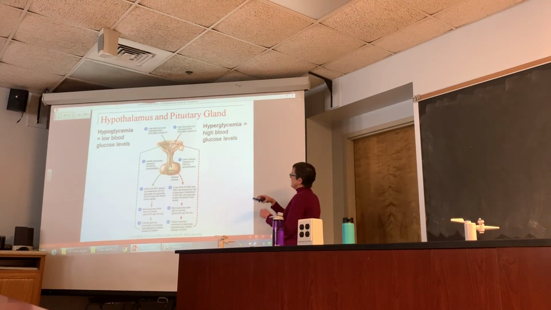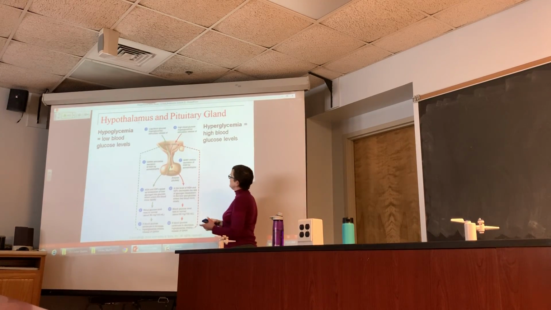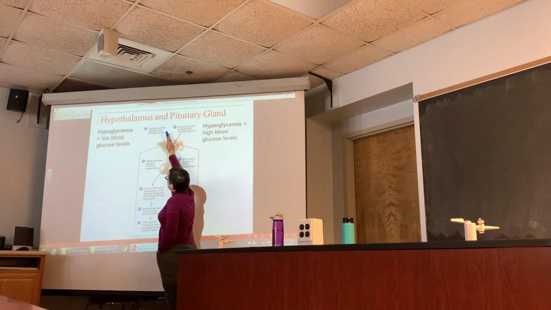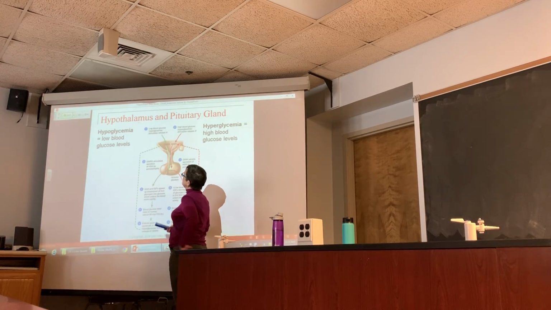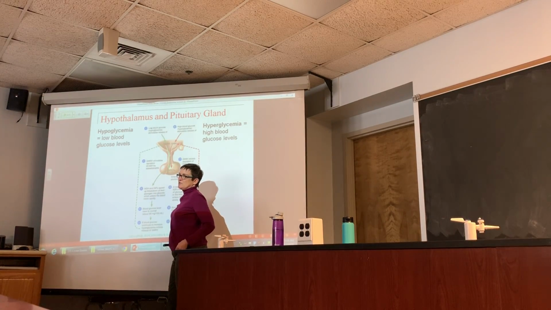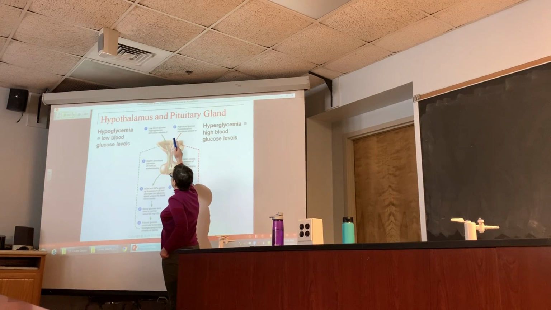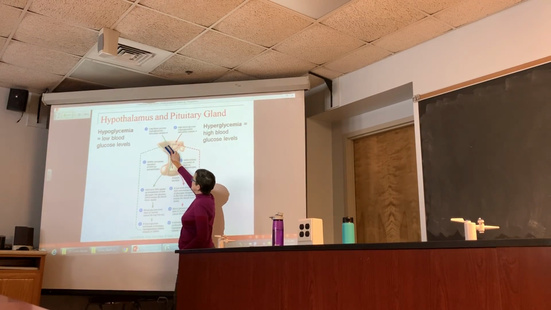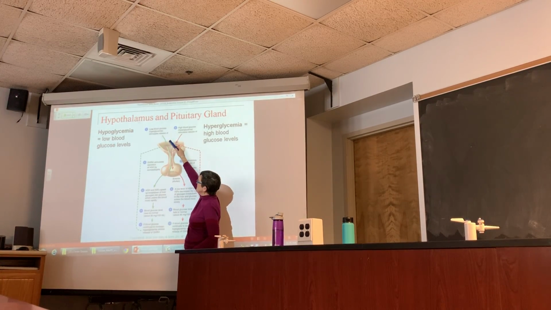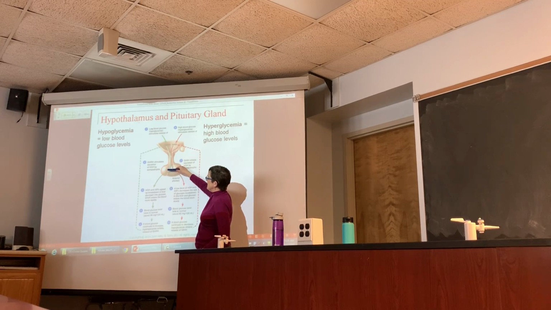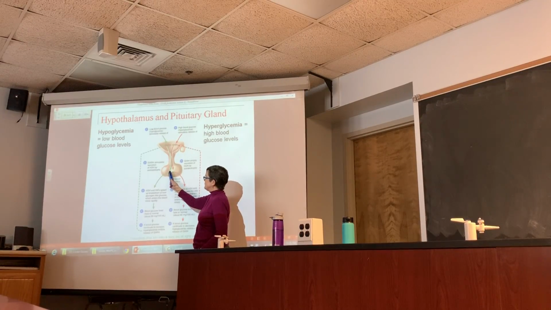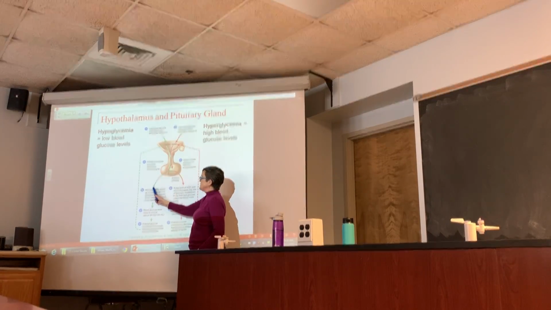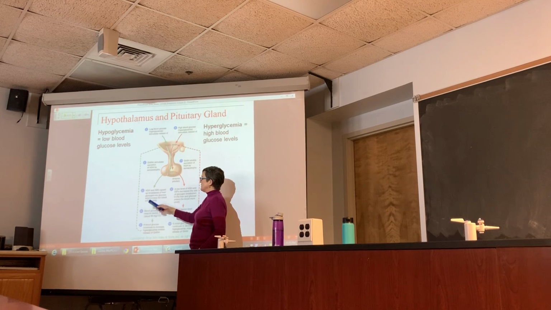So this picture is showing the feedback mechanisms, negative feedback. You've got low blood glucose, or lower than normal. That's hypoglycemia, when your blood sugar drops below normal. And that stimulates growth hormone releasing hormone from the hypothalamus, which in turn stimulates the anterior pituitary to produce HGH. HGH then stimulates IGF production from the liver.